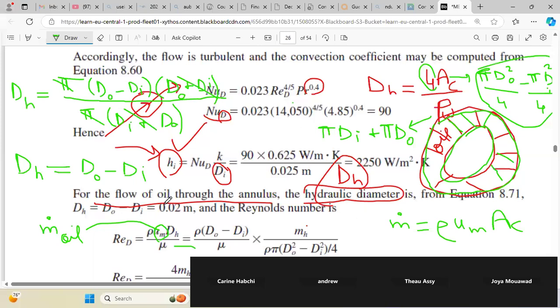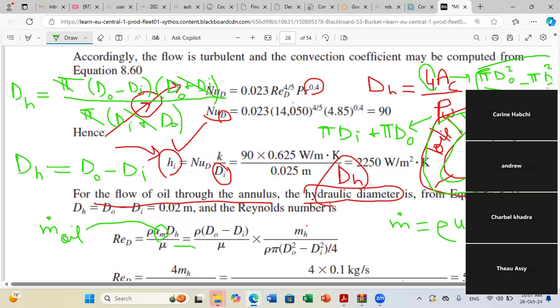So now I can replace in this equation the velocity by m dot over rho A. Okay, and when I multiply by rho d hydraulic over mu, rho will cancel out. And I can also simplify, because here you can write instead of d outer square minus d inner square, d out minus dn times d out plus dn.